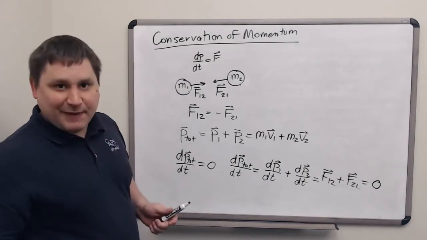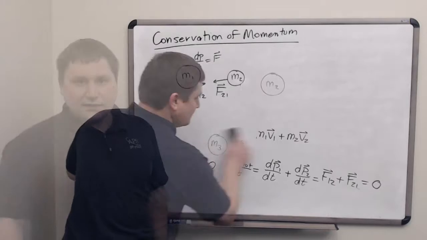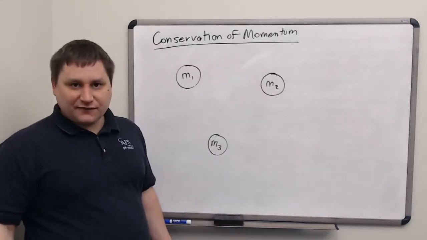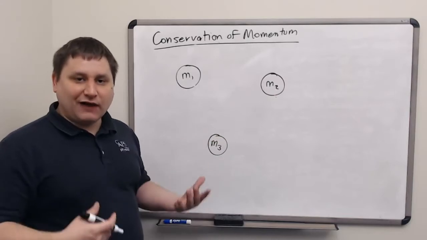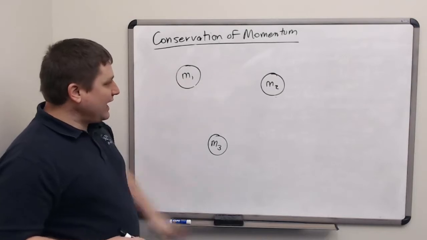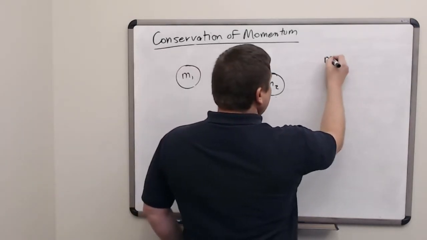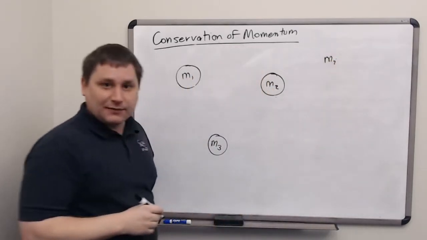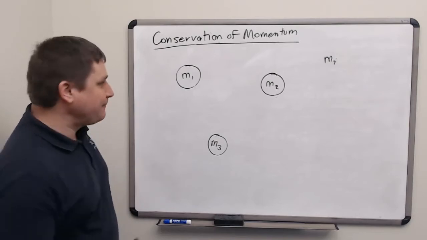Now let's try to expand this to a more general case. Let's try to do the same derivation for a system of 3 or more objects. I've drawn 3 on the board, but we'll generalize for an unlimited number of objects. Let's label them by M1, M2, M3, and so forth. In general, we'll have M with a subscript i, where i is the number index of the object.